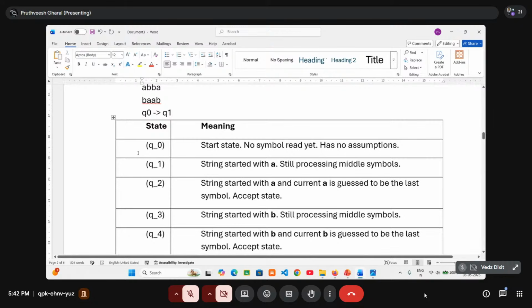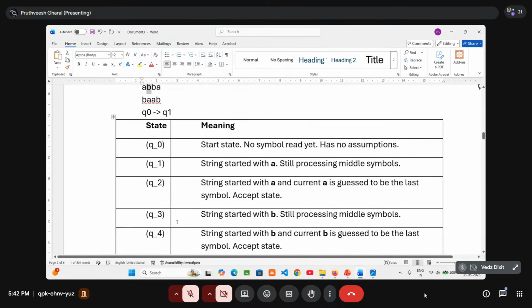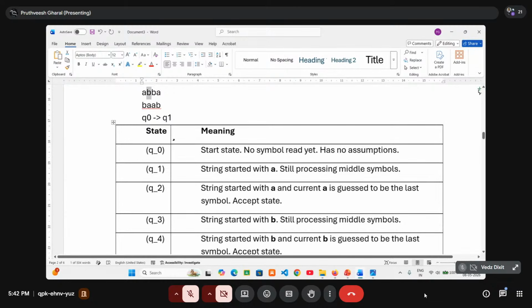Let's say we are in Q1. Now the automaton encounters a B. It asks us which state it should move to next. Up until now, we have read A and B only.